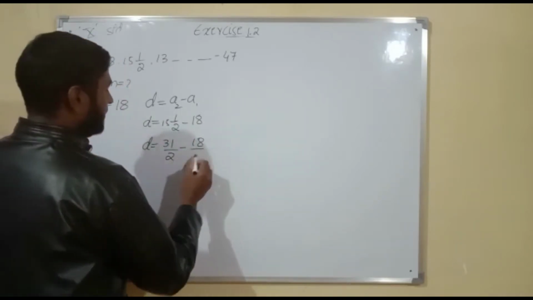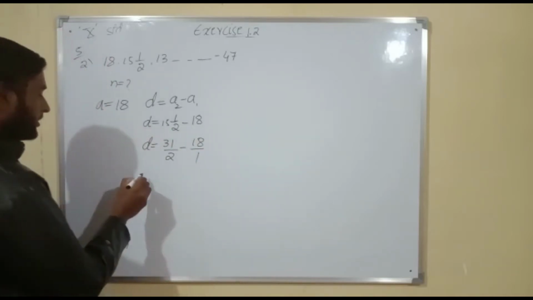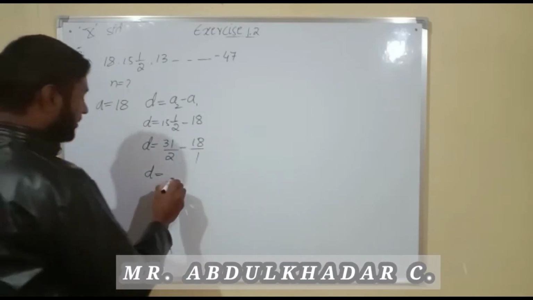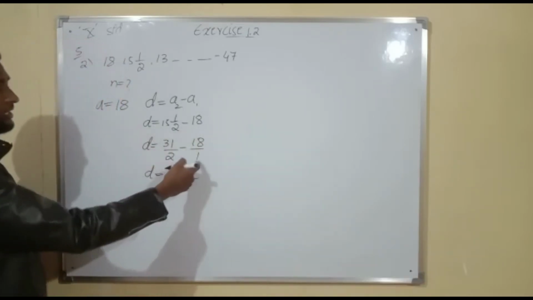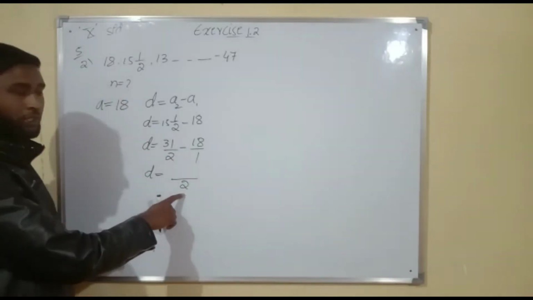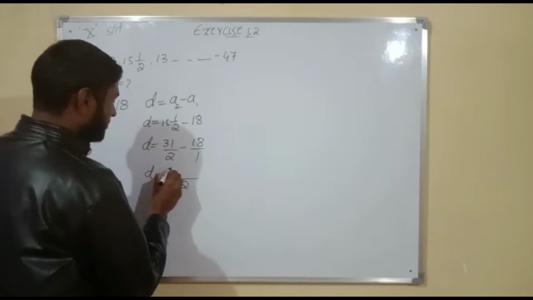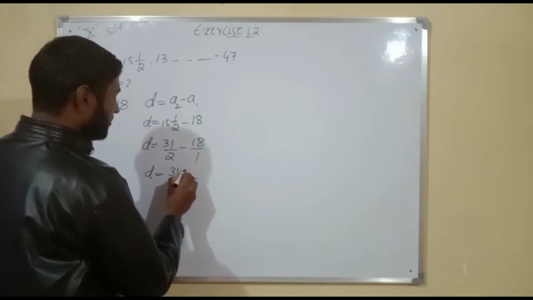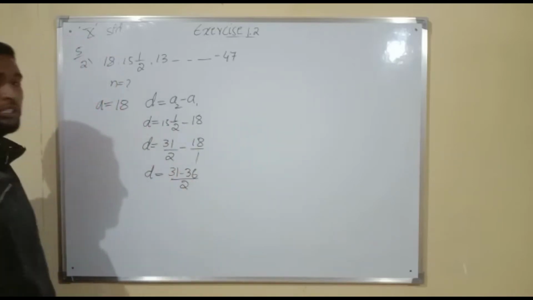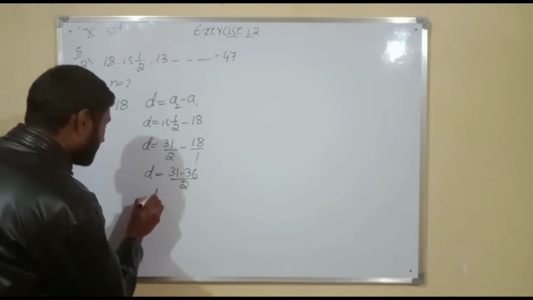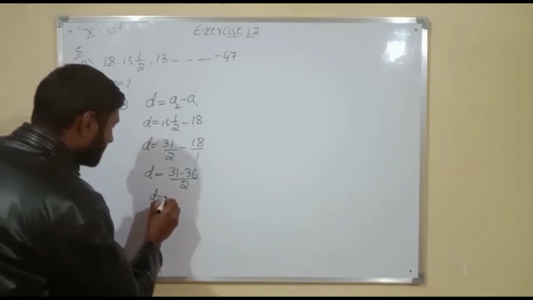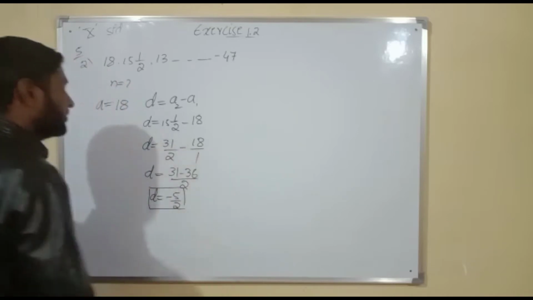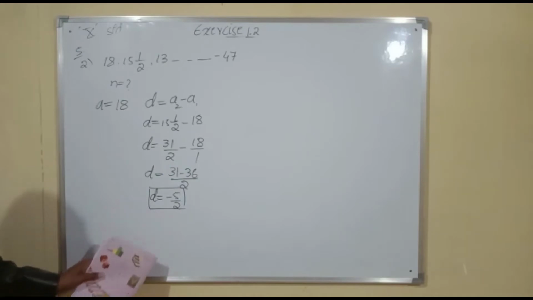The denominator of 18 is 1. Taking the LCM of 1 and 2, it is 2. So the denominator is 2, and we multiply 18 by 2 to get 36. So D is equal to 31 minus 36, which is minus 5 divided by 2. So the D we got here is minus 5 by 2.